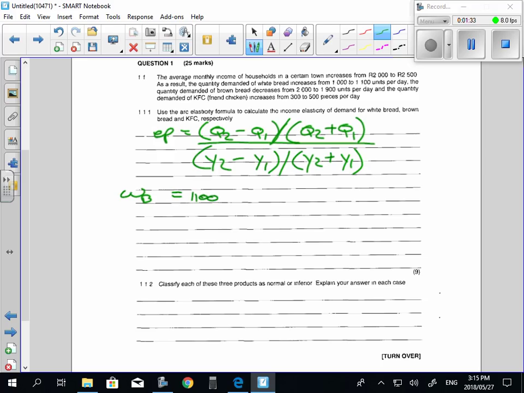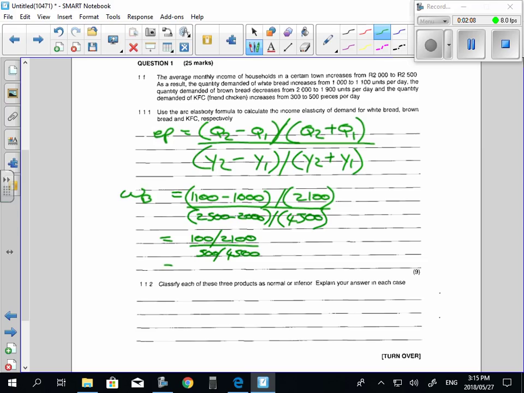So 1,100 minus 1,000 divided by 1,100 plus 1,000, so that's 2,100, all over your income change, 2,500 minus 2,000 divided by 2,500 plus 2,000, which is 4,500. 100 divided by 2,100, 500 divided by 4,500 equals 0.047 divided by 0.111, and you should get an answer of 0.43.